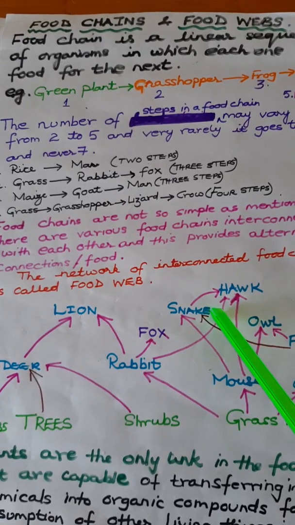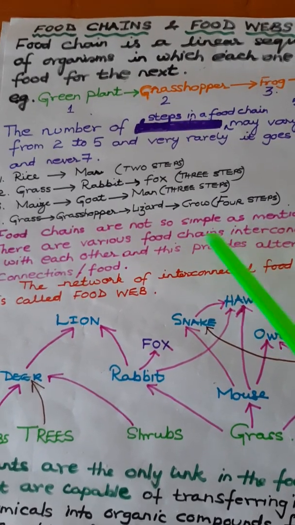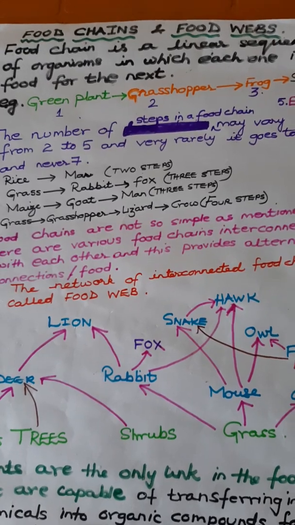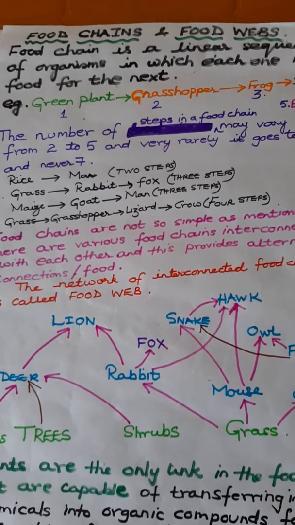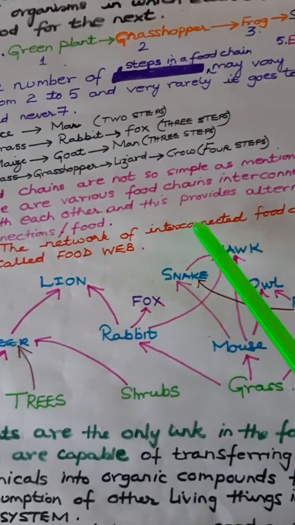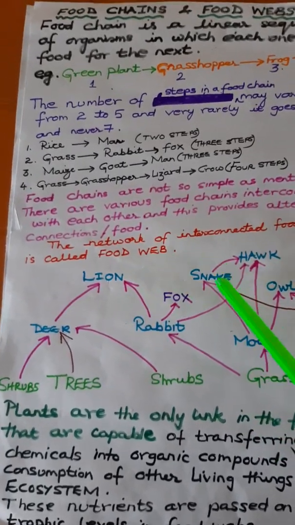At that time, if the food chains are interconnected, the organism will get another source of food. It will take another organism as food. So the network of interconnected food chains is called a food web.